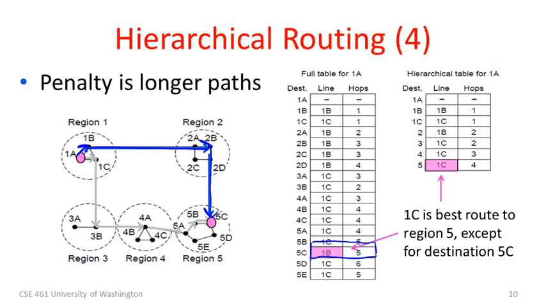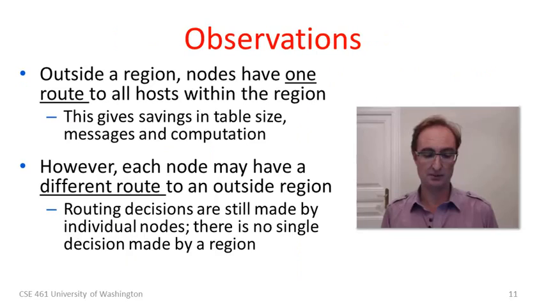However, in the hierarchical routing version, the best route to get to region 5 is simply given here as 1C, and that took us along the other path. That's because we've forgotten about all of the detail inside region 5 and we simply wanted to get into region 5 as quickly as possible. So that's the penalty we might pay sometimes.